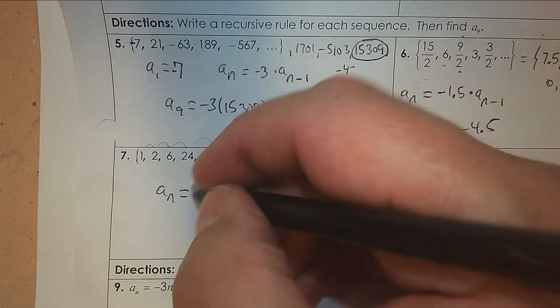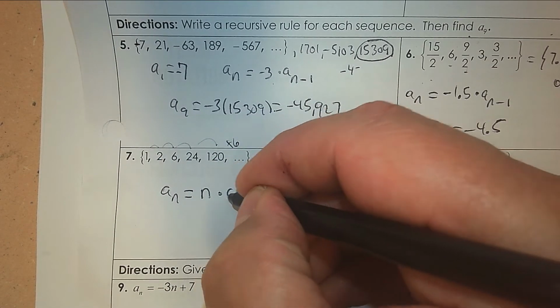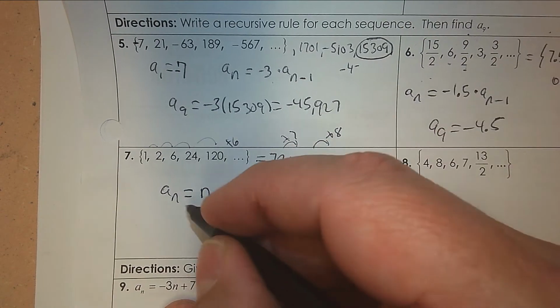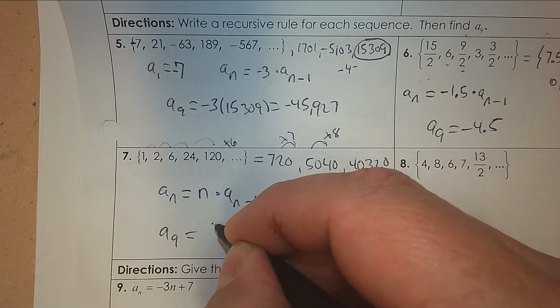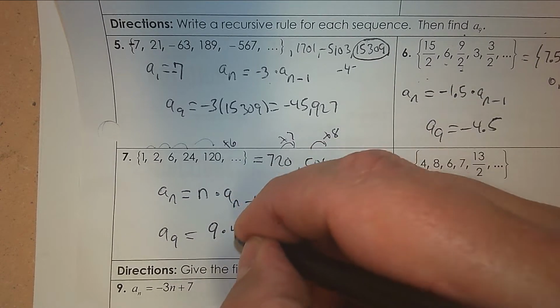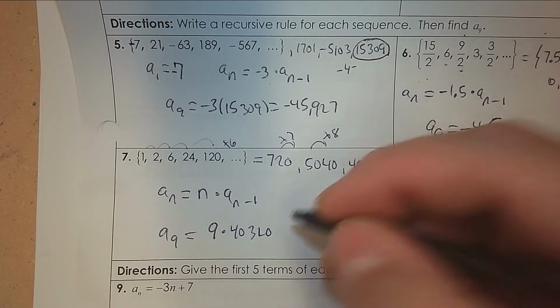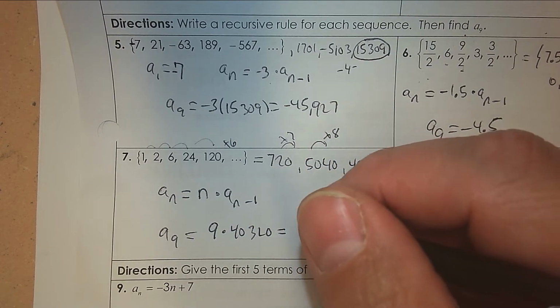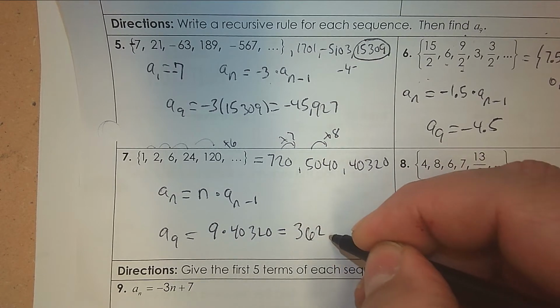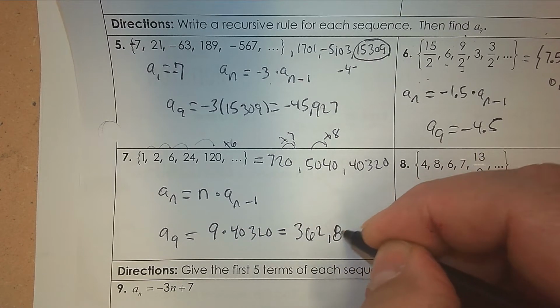So whatever the term number is, that's what you'd multiply times. So if I want to find the ninth term, I'd multiply 9 times the term before. And that answer would be, big answer, 362,880.